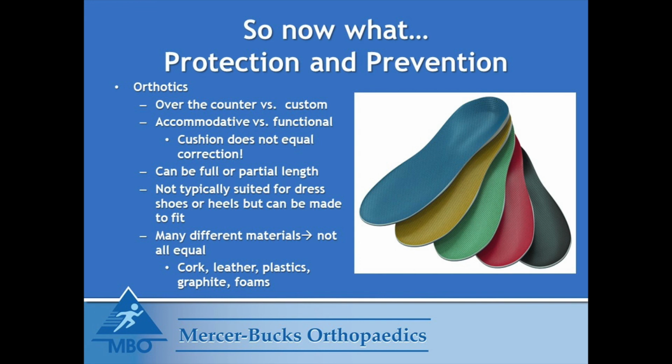I do use graphite orthotics, and cork is another material that can be used, and different densities of foams can be used. Leather is typically used to cover the top, not so much the structural portion of the insert, but foams and plastics, cork, all of that can also be incorporated into the top of the orthotic, which is known as the top cover.